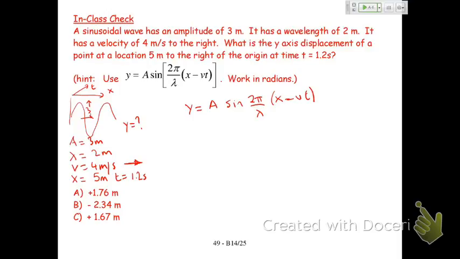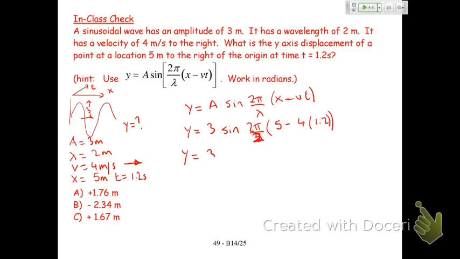So y is equal to 3 sine 2 pi over 2, because my wavelength is 2, times 5 minus my velocity 4 times 1.2. Let me just double check that. That's right.